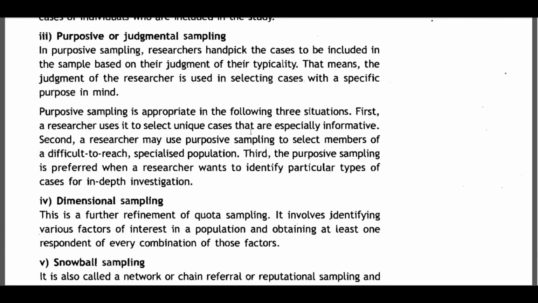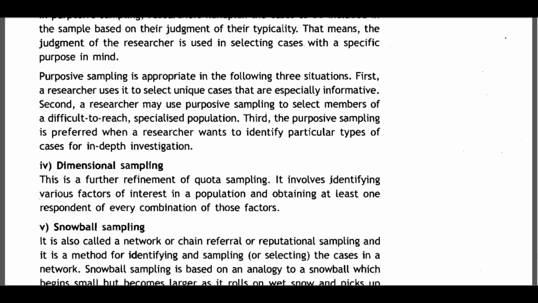3. Purposive or judgmental sampling. In purposive sampling, researchers handpick the cases to be included in the sample based on their judgment of their typicality. That means the judgment of the researcher is used in selecting cases with a specific purpose in mind. Purposive sampling is appropriate in the following three situations.